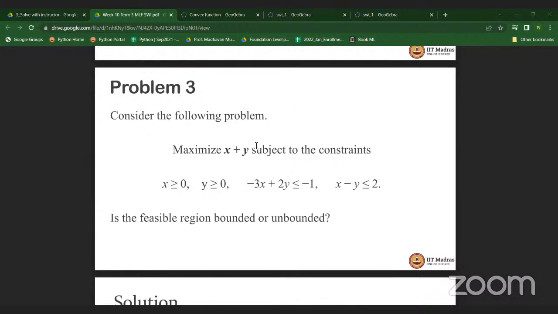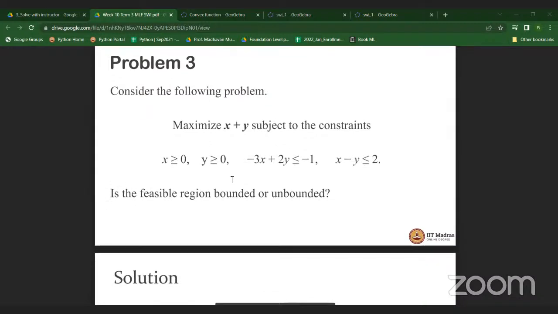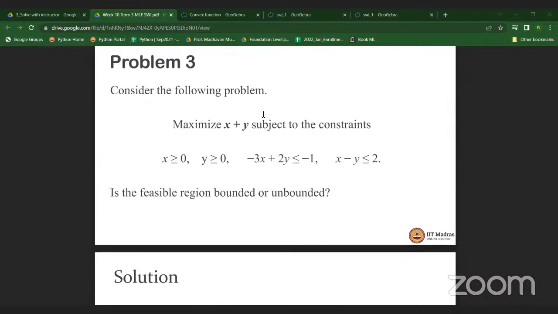What you could do for this is just draw the graph. Based on the graph it will be evident for you. Is this clear, what I was trying to say? You could draw the graph of x plus y first, and then x greater than or equal to 0, y greater than or equal to 0.